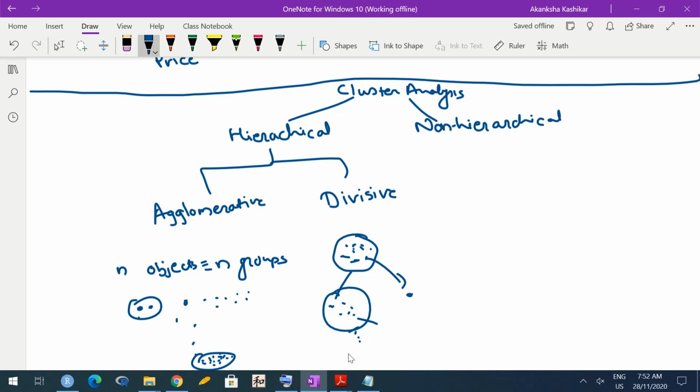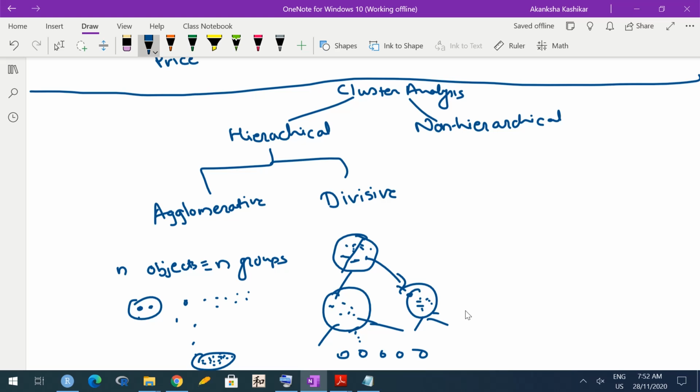And you go on doing this till you have everyone as a separate object. Sometimes instead of just throwing one away, you divide them into two parts, two as heterogeneous as possible parts. So it doesn't have to be half. Then each of these you further divide into two parts and so on.